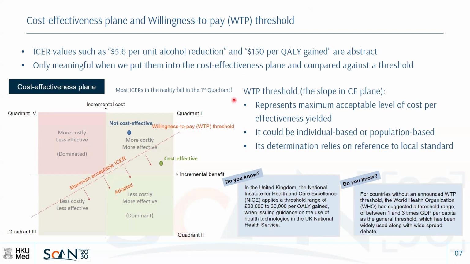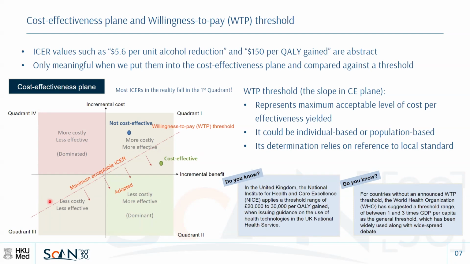Willingness to pay threshold is usually presented as the slope in the cost effectiveness plane. It represents the maximum acceptable level of cost per effectiveness yield. It could be individual-based or population-based. Its determination relies on the reference to a local standard.